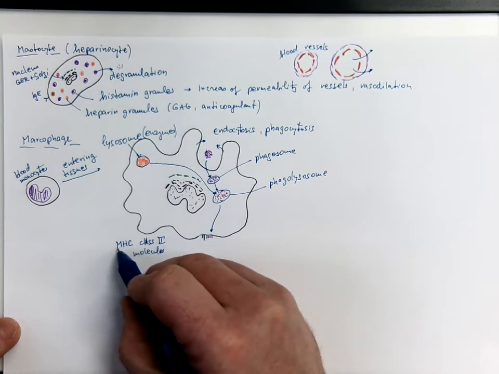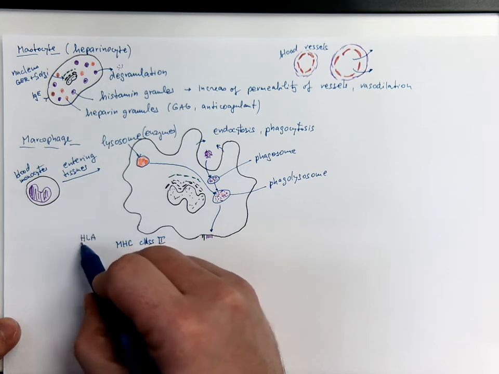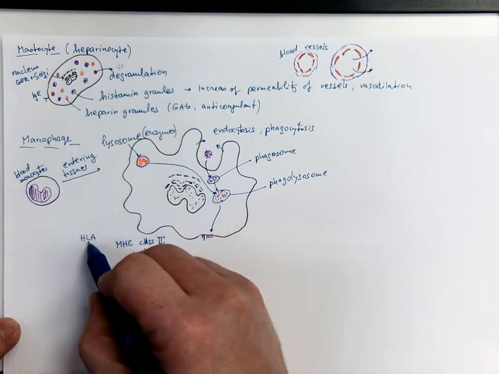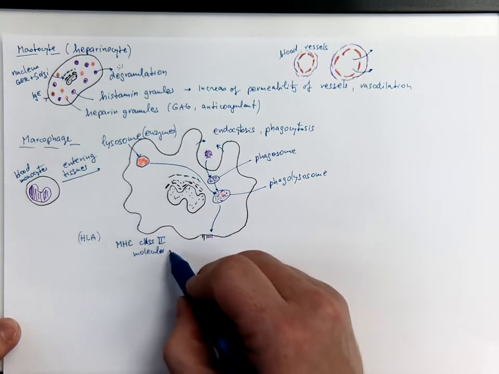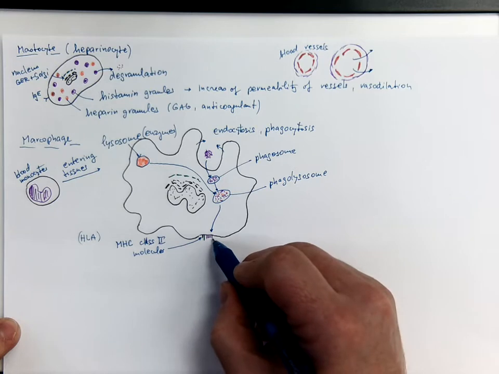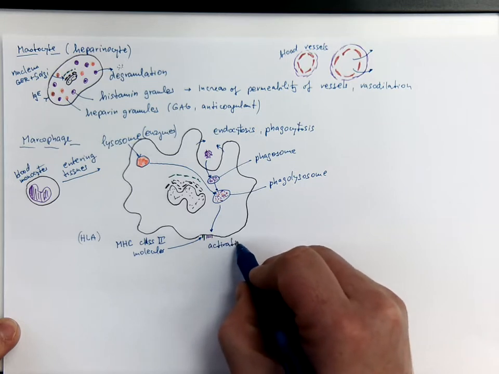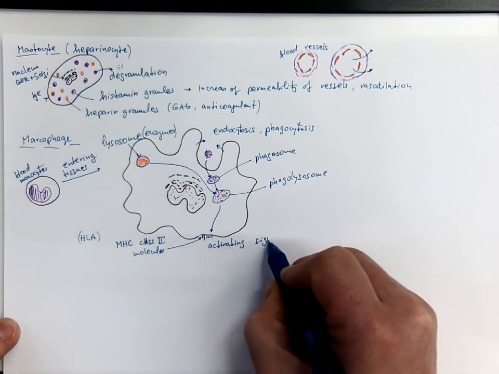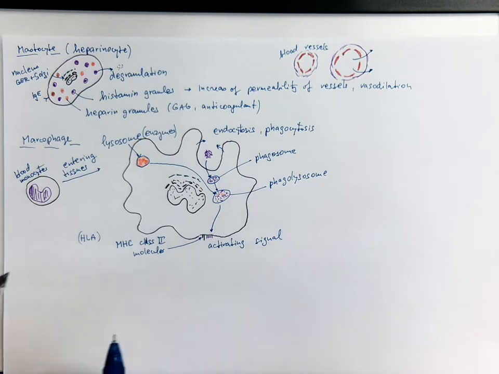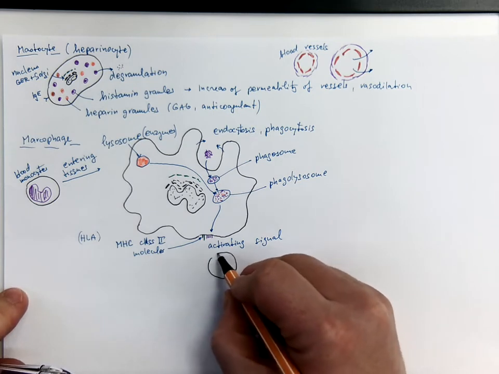You might know the MHC in human also under the abbreviation HLA, which stands for human leukocyte antigen. So together, the antigens exposed in this context work as an activating signal that helps to activate other immune cells. For example, T lymphocytes.